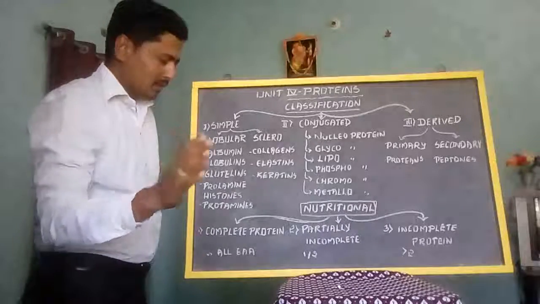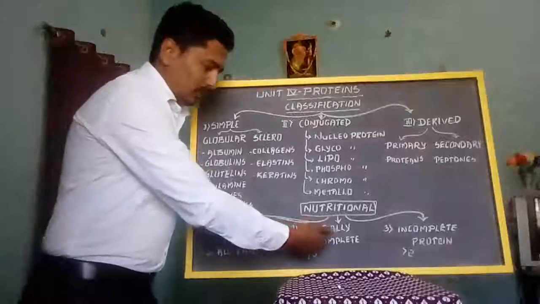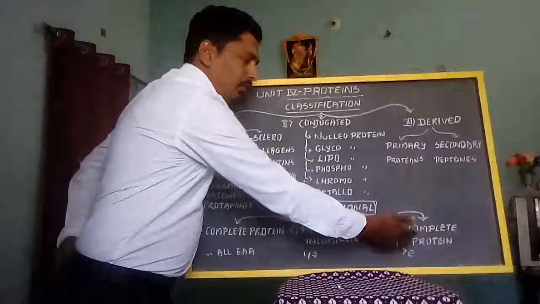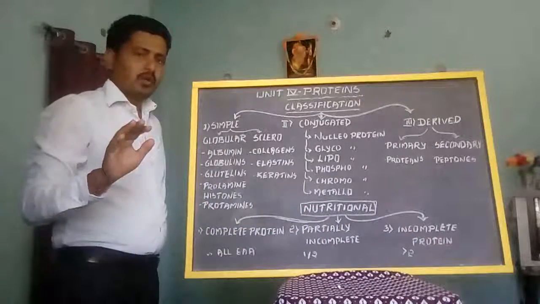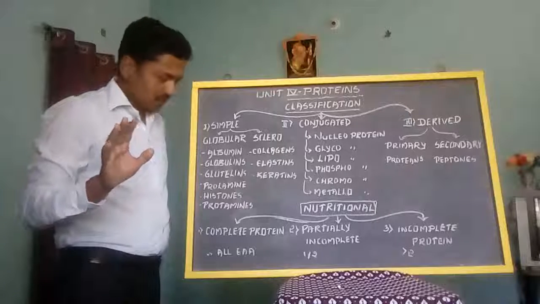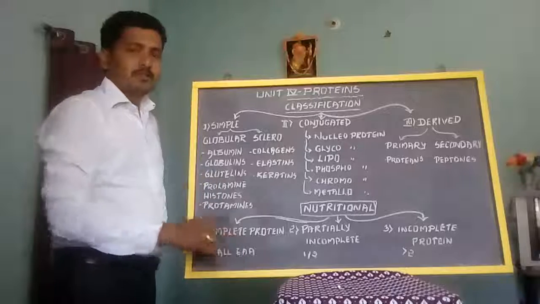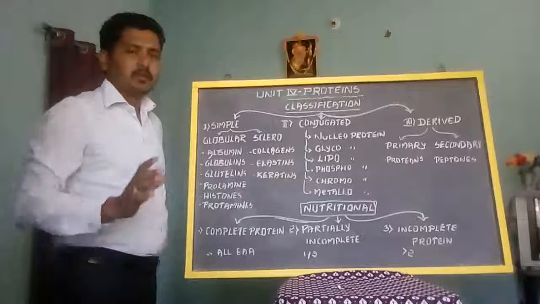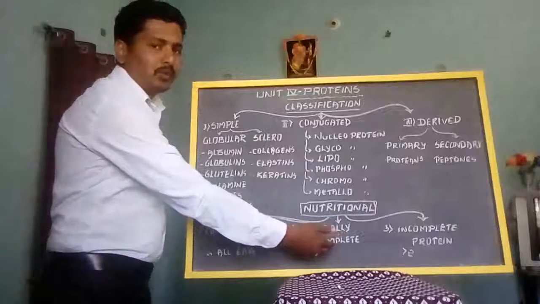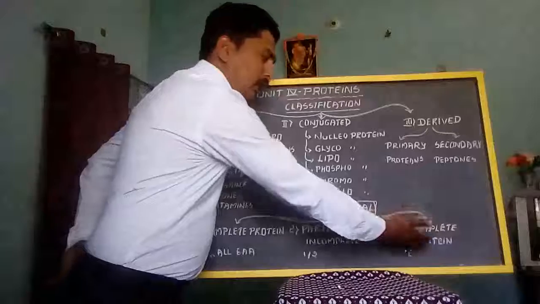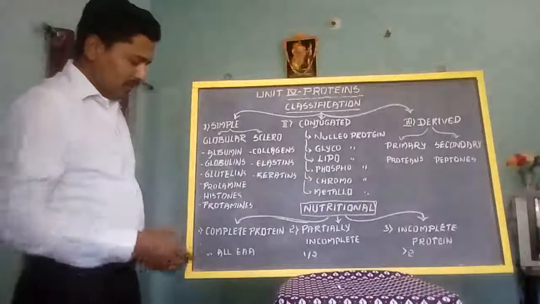Here, broadly, we classify into three types: first, complete protein; second, partially incomplete protein; third, incomplete protein. Complete protein is sometimes called first class protein, partially incomplete protein second class protein, and incomplete protein third class protein. We will start one by one.